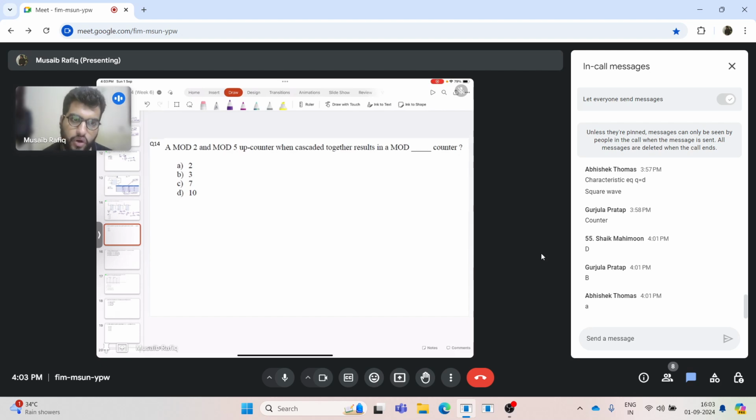So when you cascade a mod 5 up counter and a mod 2 up counter, what will the two cascaded together result in? What mod counter? Anyone?